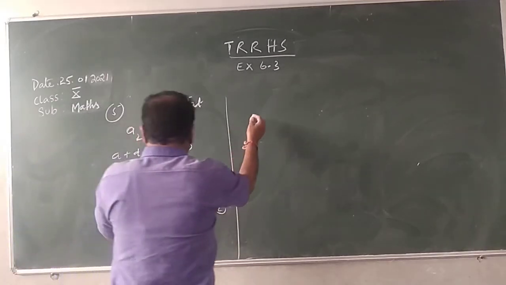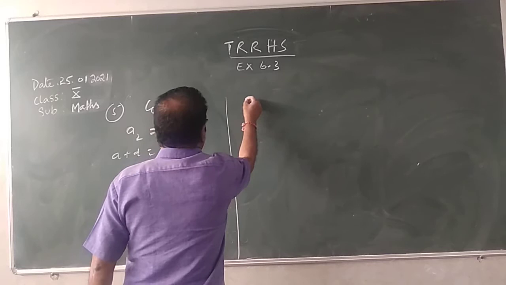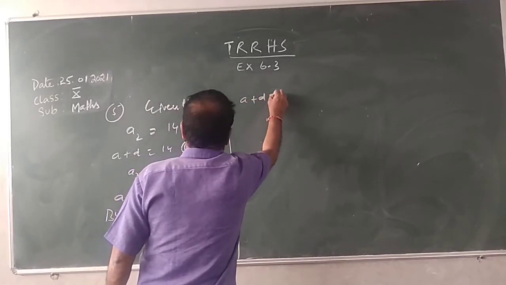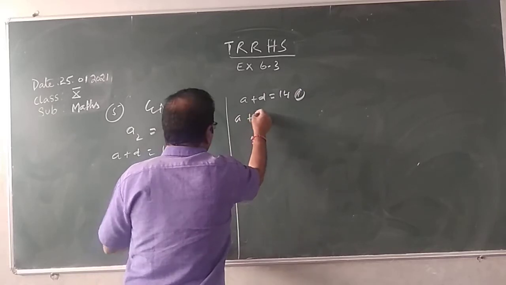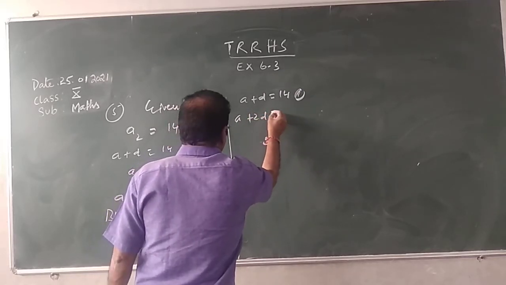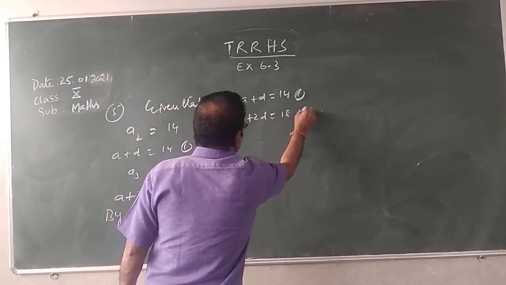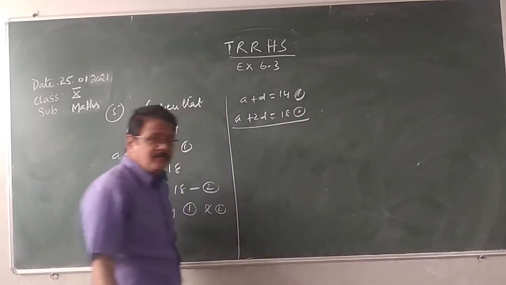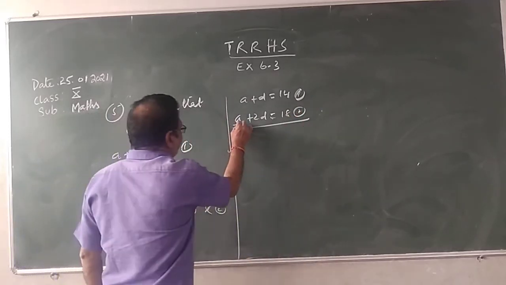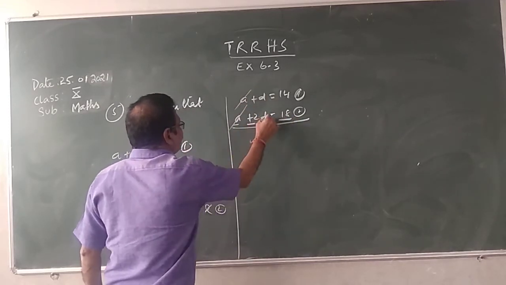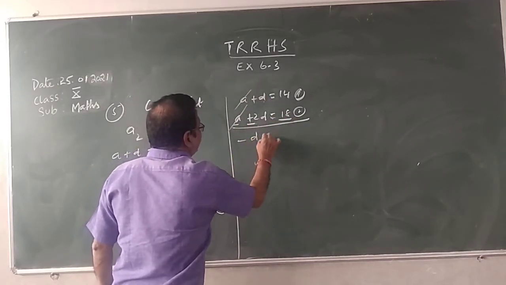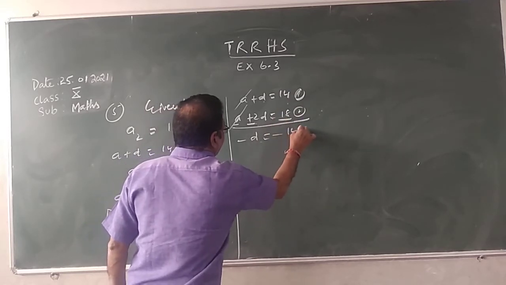The first equation is A plus D is equal to 14. The second equation is A plus 2D equal to 18. Solve this by subtracting: A minus A, 2D minus D, 18 minus 14.